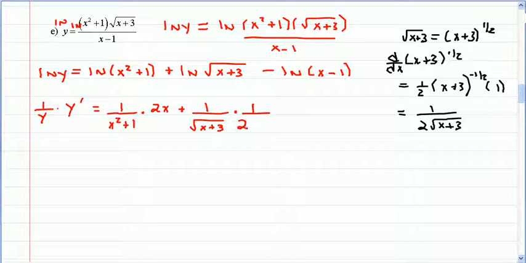So I multiply this by 1 over 2 times the square root of x plus 3.